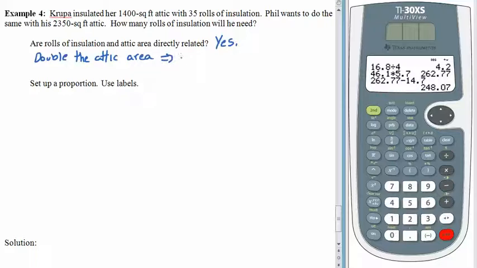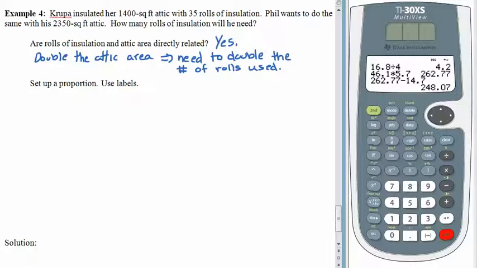Well, it means you're going to need to double the number of rolls of insulation. And really, that's the test. That's how you can tell if things are directly related.